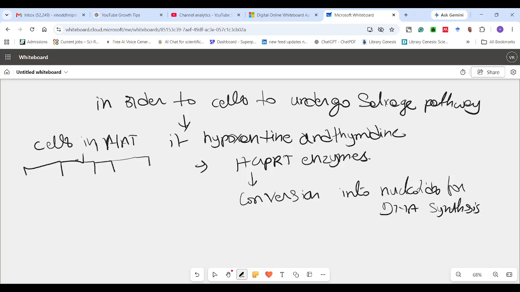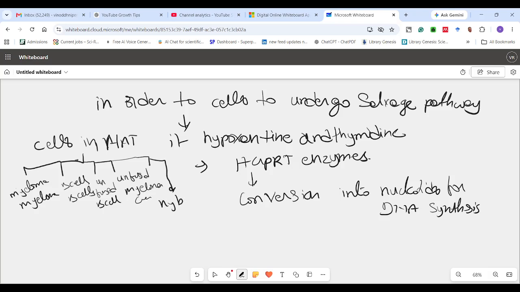One is myeloma plus myeloma, next is B cell plus B cell, then unfused B cell, unfused myeloma cell, and the last one is hybrid cells.